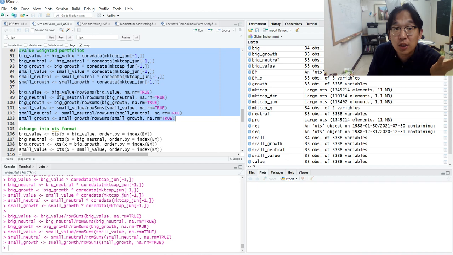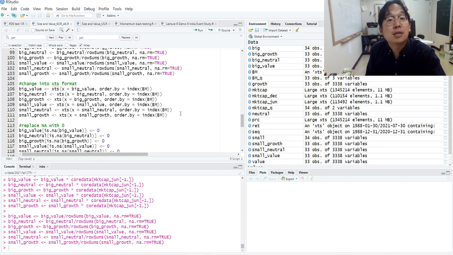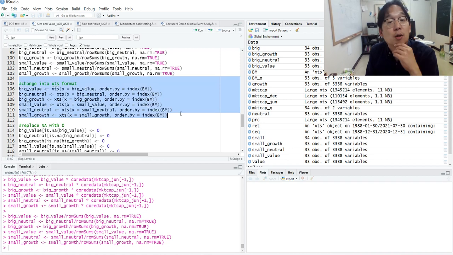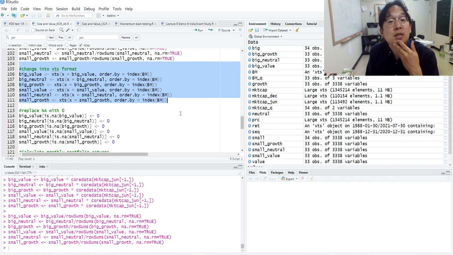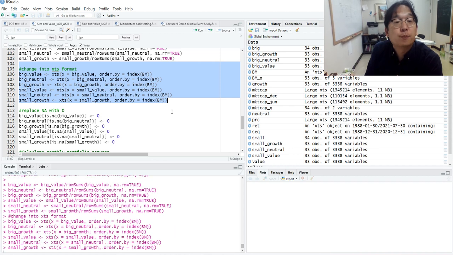Samsung Electronics divided by all those big value companies, if it belongs here, and then all those stocks over there. Then change it into time series format so that you can do some analysis. And then we need an index value for each and every stock, and that's how we do it.